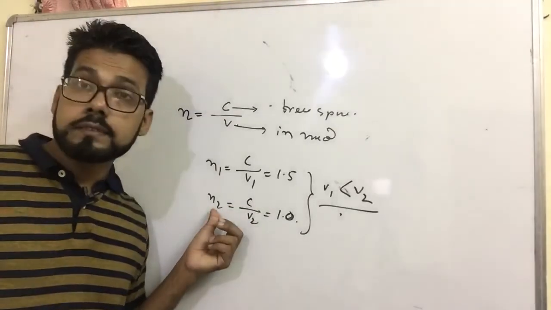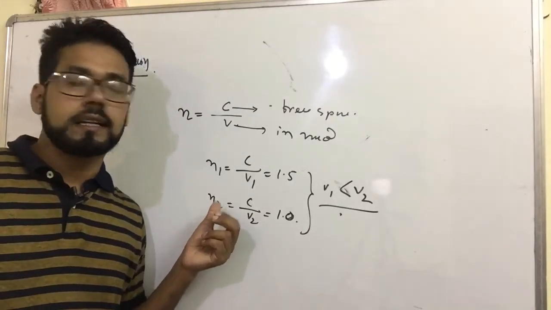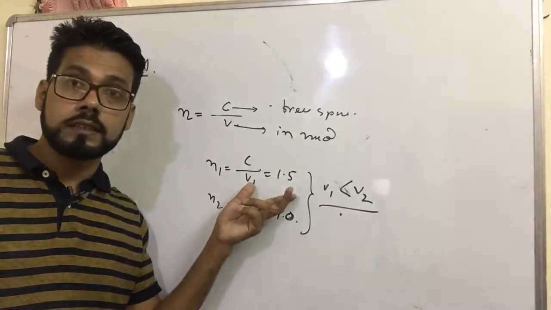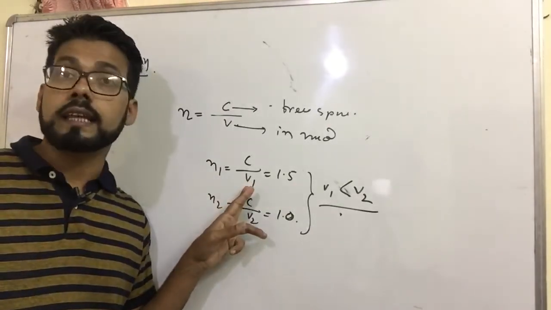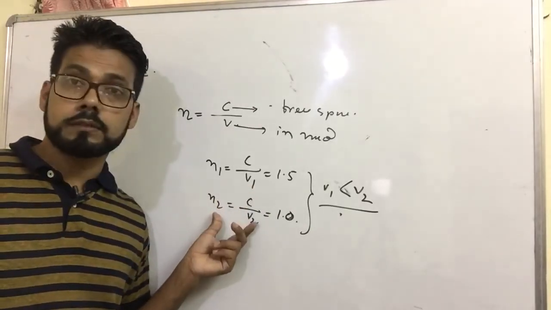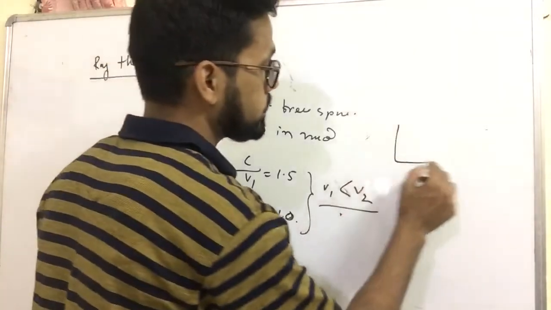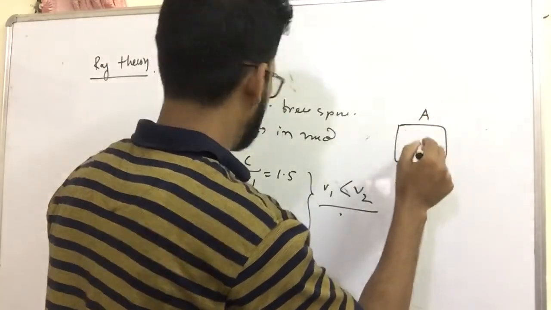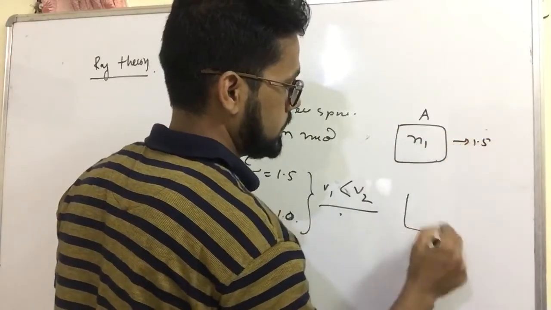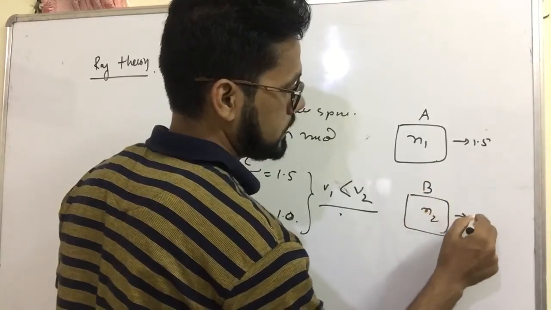So a higher refractive index means the velocity is less, and a lower refractive index means the velocity of electromagnetic radiation is higher. Suppose this is medium A, refractive index N1, with value 1.5, and this is medium B, refractive index N2, with value 1.